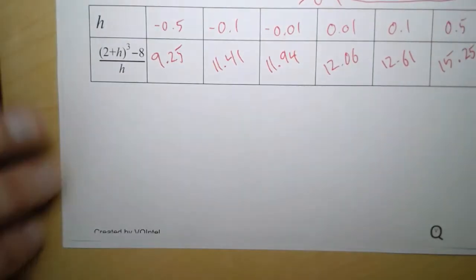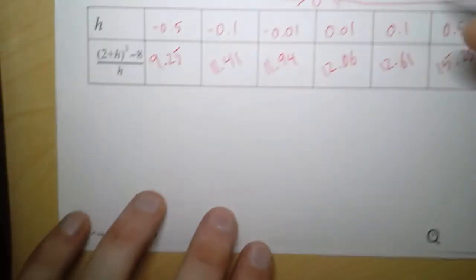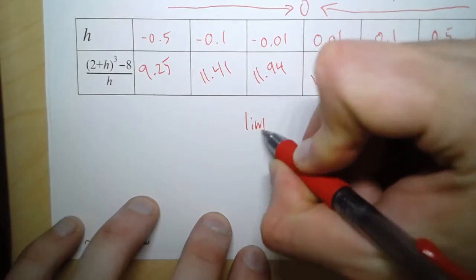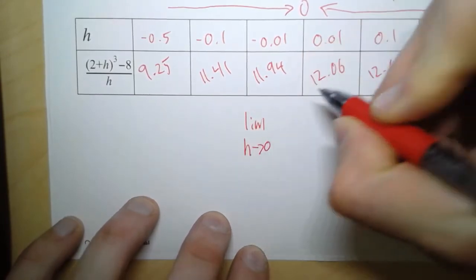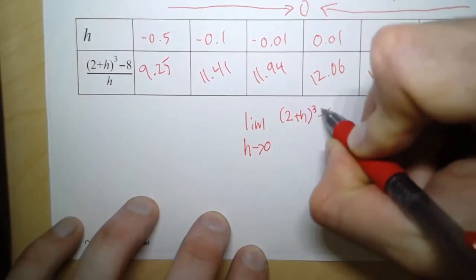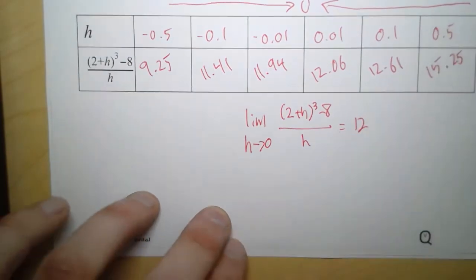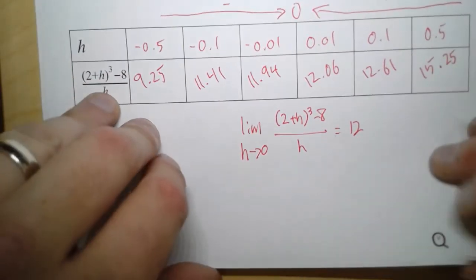So looking at this, as we approach 0, it seems that we are getting closer and closer to 12. So the limit as h approaches 0 of this expression, 2 plus h cubed minus 8 over h equals 12. That's what our limit appears to be.